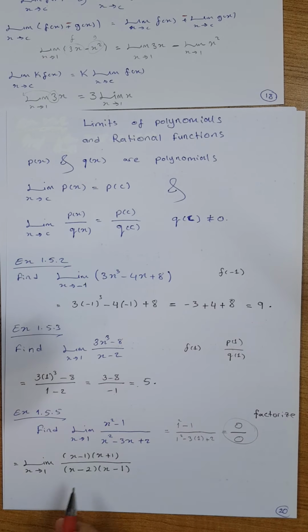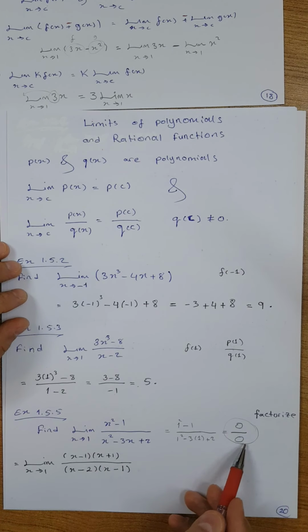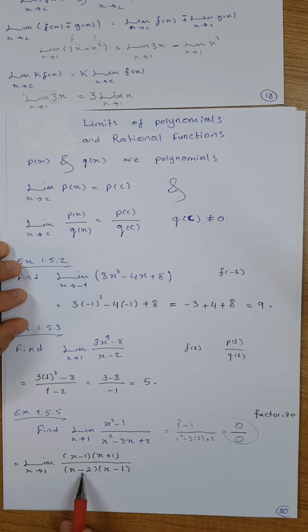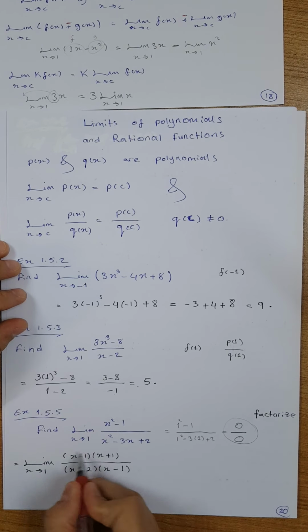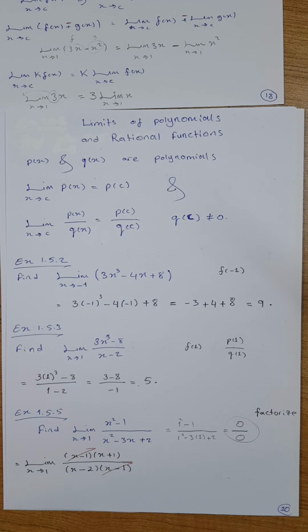Now, if you look at both numerator and denominator, what do you see in common? We put 1 in here and got 0 over 0. In general, when we get 0 over 0, we have to factorize the numerator and denominator if we can. Now we factorized it, and we're searching for the common terms. What is common between numerator and denominator? x minus 1 and x minus 1 are common.